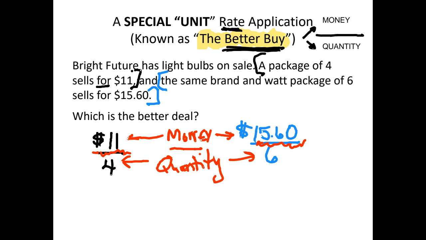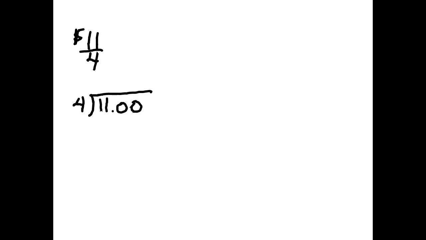Now, I'm going to go to the next slide, and I am going to set this up. Well, first off, I had the fraction 11 over 4. 4 is dividing into $11. This is going to give us 2. This is 3, and remember I'm bringing down.